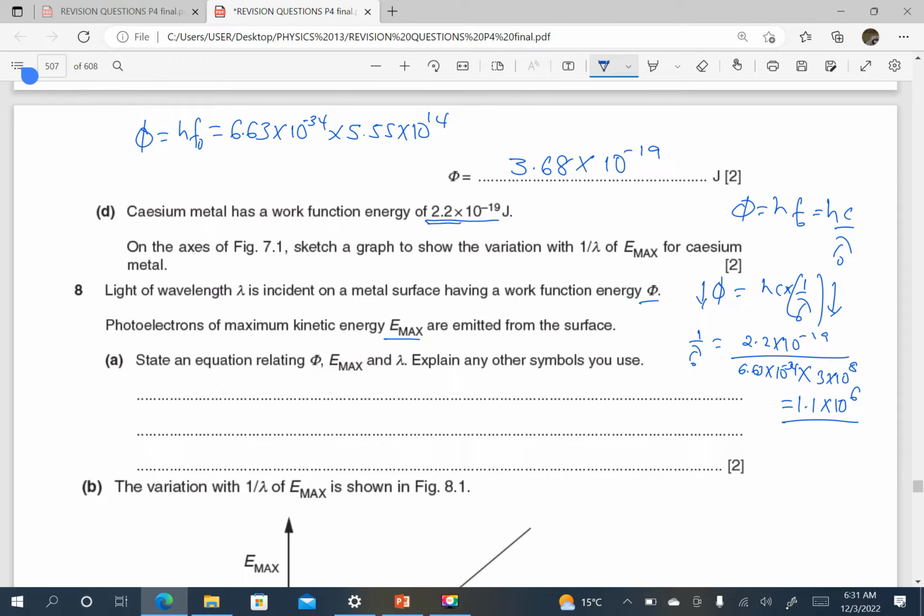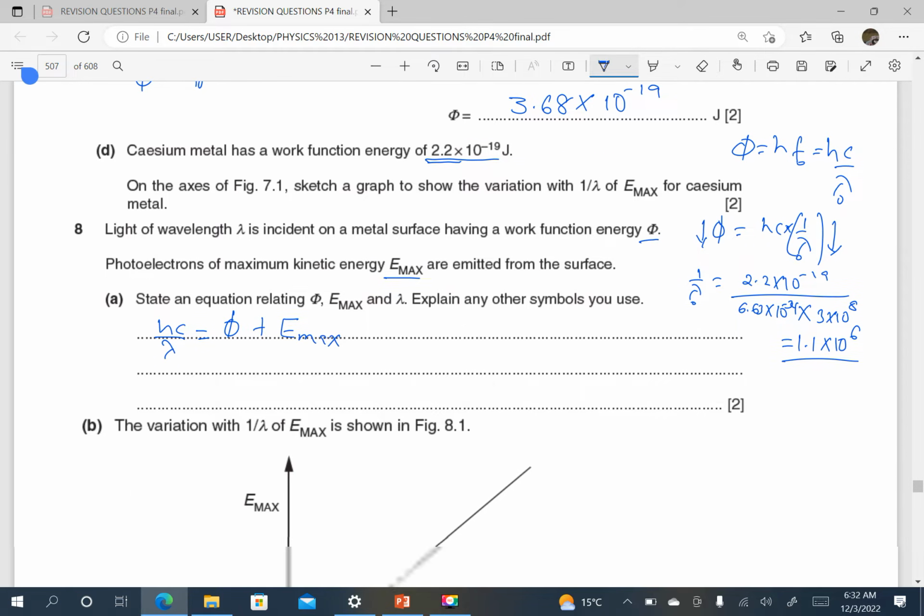So we know that the energy of a photon is given as hf, which is hc over lambda, should be equal to the work function. Part of it is used to set the electron free, that is the work function. And any surplus is given out as kinetic energy, that is Emax. So any other symbol which we have used here, we have used the c, which is the speed of light.